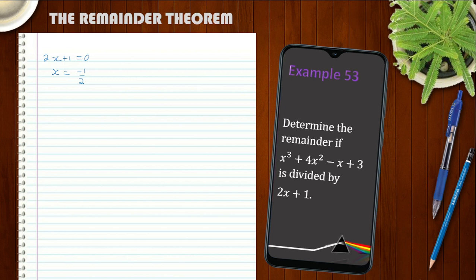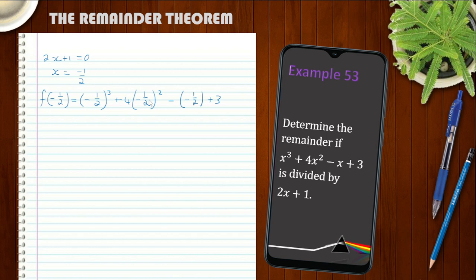So f of minus a half is substituted in. Wherever we see x, we substitute negative a half: negative a half cubed plus 4 times negative a half squared minus negative a half plus 3.